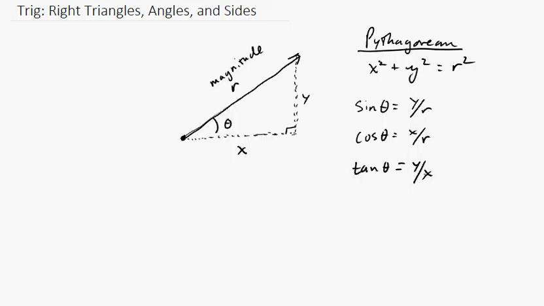Alright, so hopefully you guys have somewhat of a background with these SOHCAHTOAs. Conversely, if you want to figure out theta, you can use sine inverse of y over r.